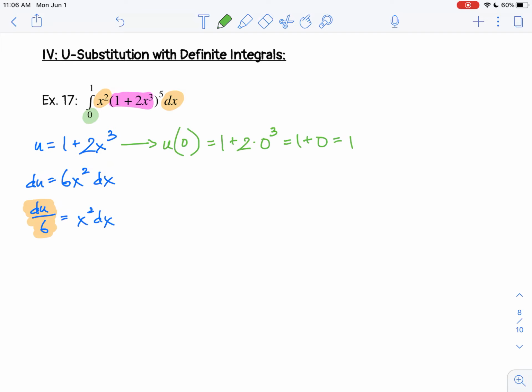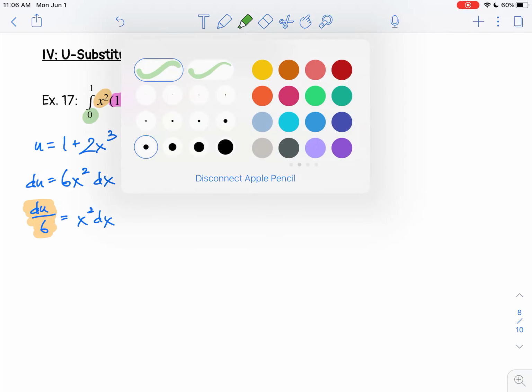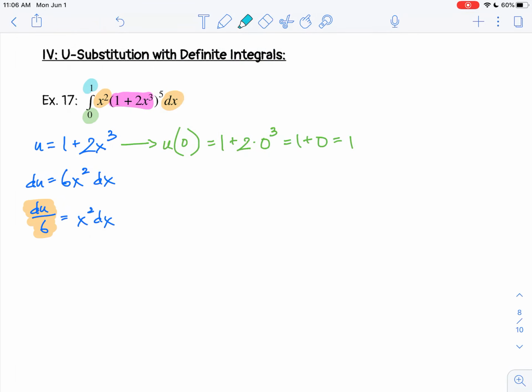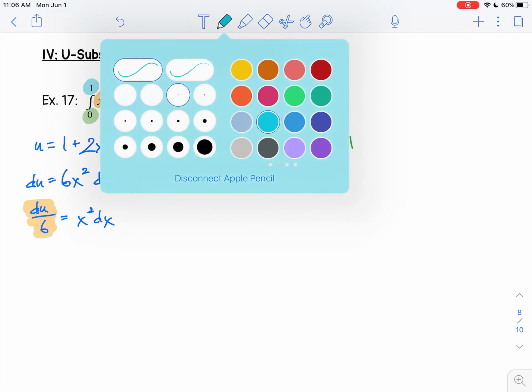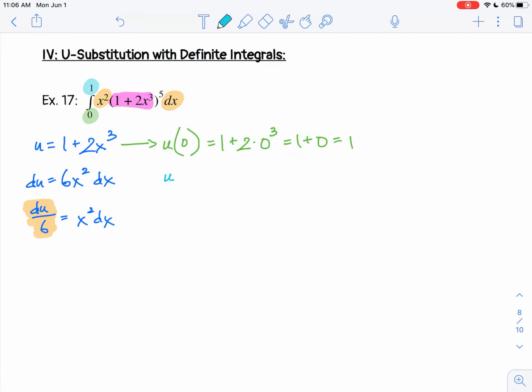So my bottom bound is now going to be 1. My top bound is currently 1, but 1 is an x value. So we're going to take 1 and plug it into the u equation. 1 plus 2 times 1 cubed is going to give me 1 plus 2, which is a new top bound of 3.